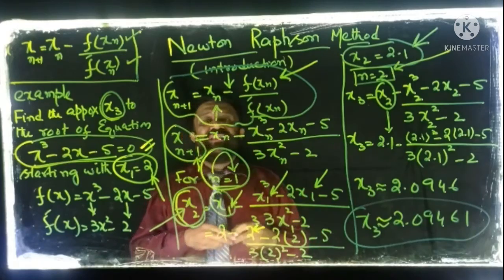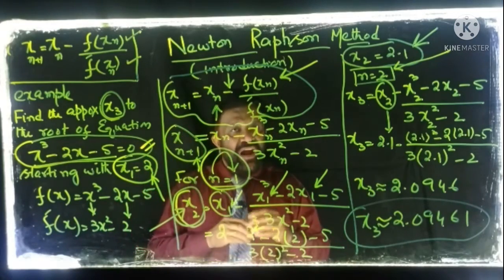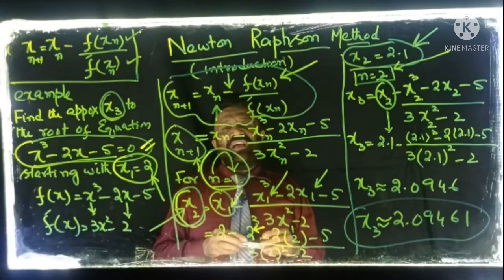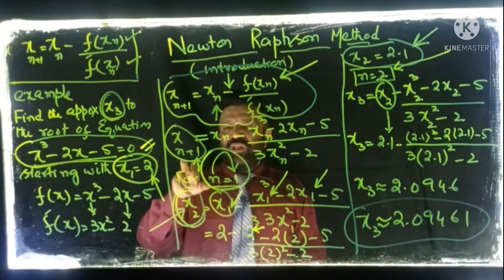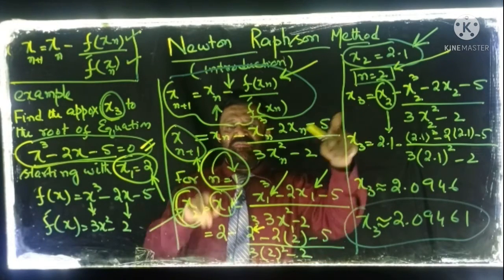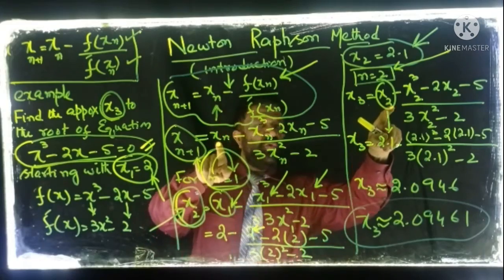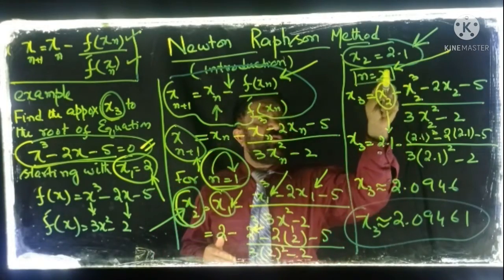Where n is written, instead of that n, I write 2, so 2 plus 1 is 3, and x2 because n is equal to 2.